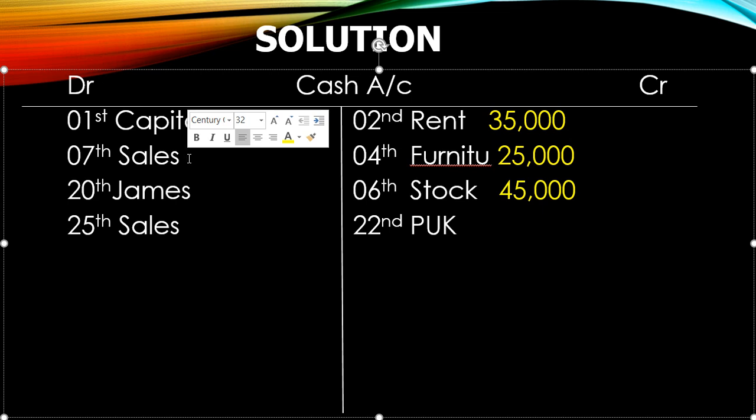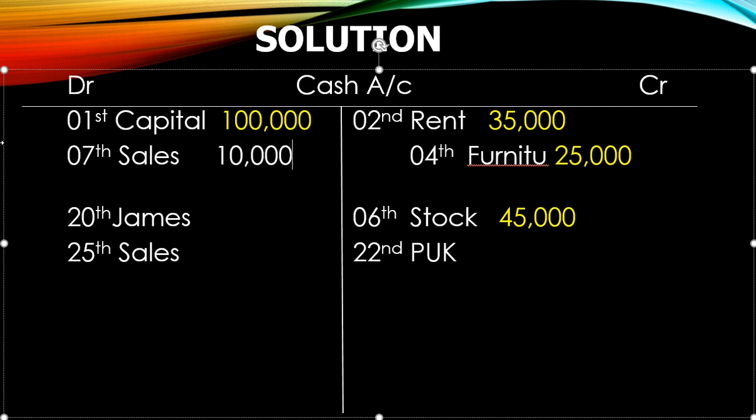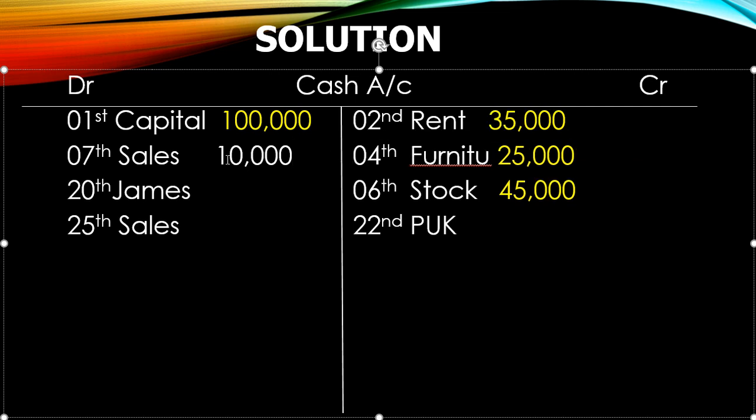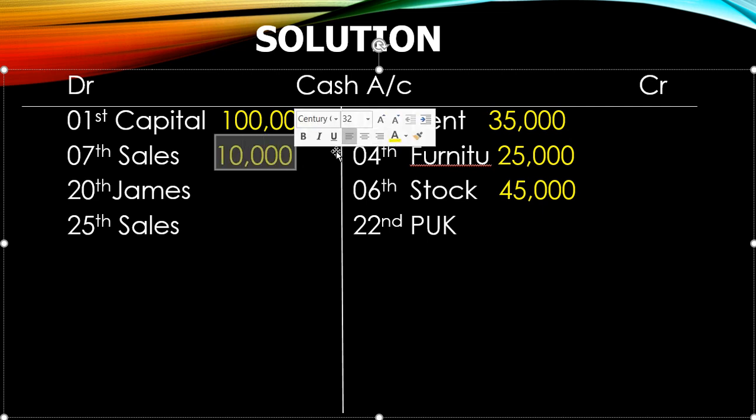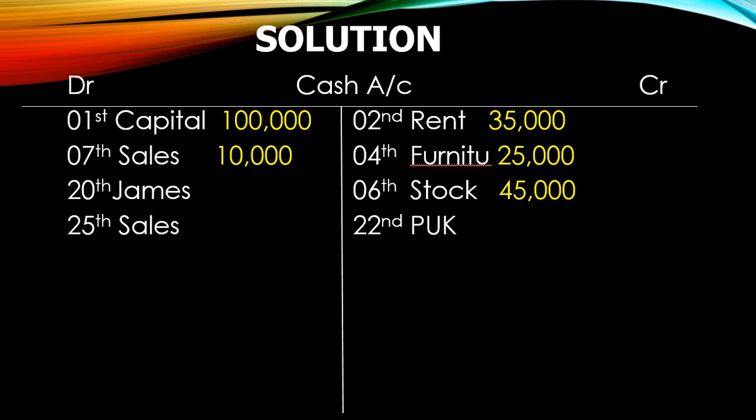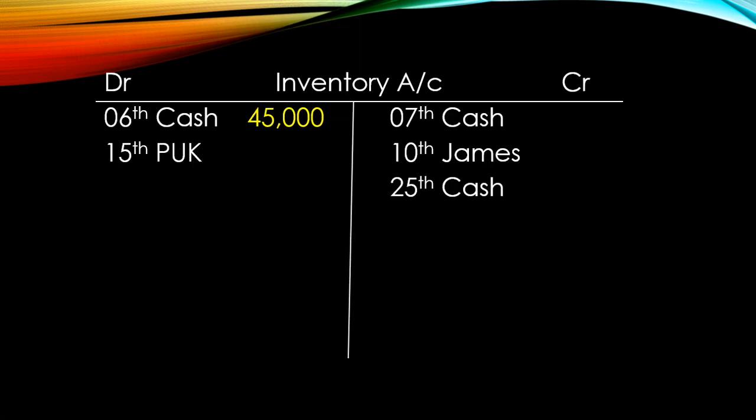We are receiving money from sales worth 10,000. That one is recorded. Then a corresponding entry will go to sales. We have made a sale.